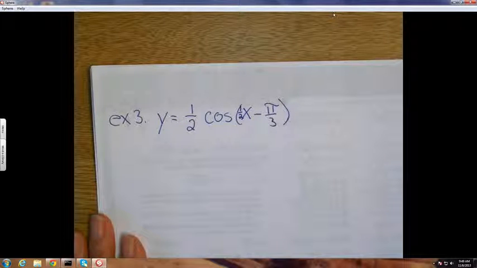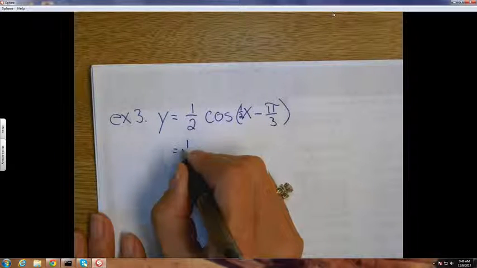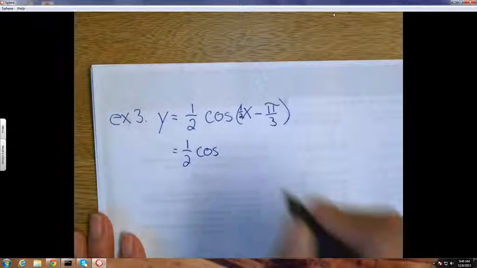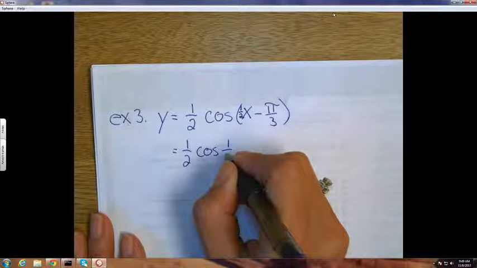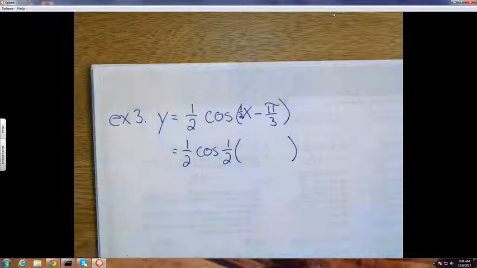I want to throw just a little curve in here. Okay. 1/2 cosine. So it's not in standard form, so I'm going to take the 1/2 out. What was the process you used to take that number out?